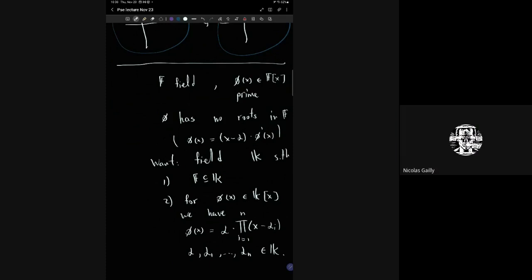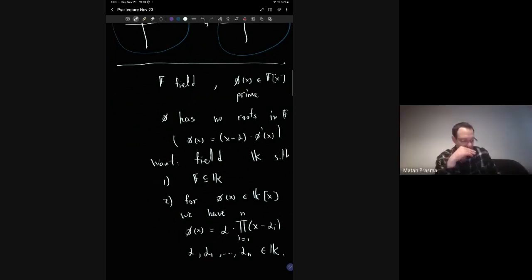You write alpha in front just in case the leading coefficient is not 1. Yeah, exactly. Okay, thanks. It's called monic. Yeah. Okay, so if I could, I would like to obtain a perfect universe, at least a perfect universe with respect to phi. I mean, it has all roots.